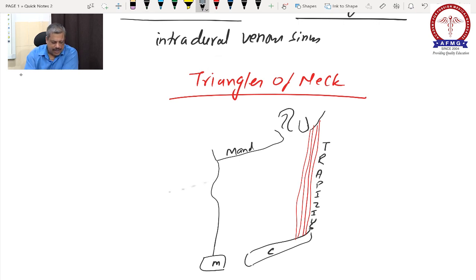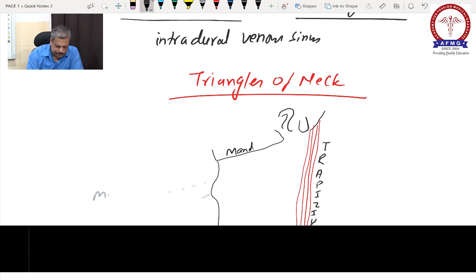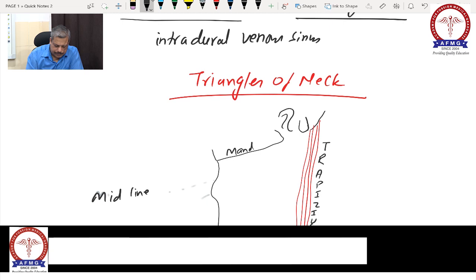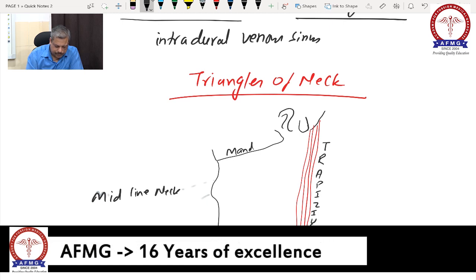This is the midline of the neck, and this is laryngeal prominence. So this is the midline of neck. And this is known as laryngeal prominence.